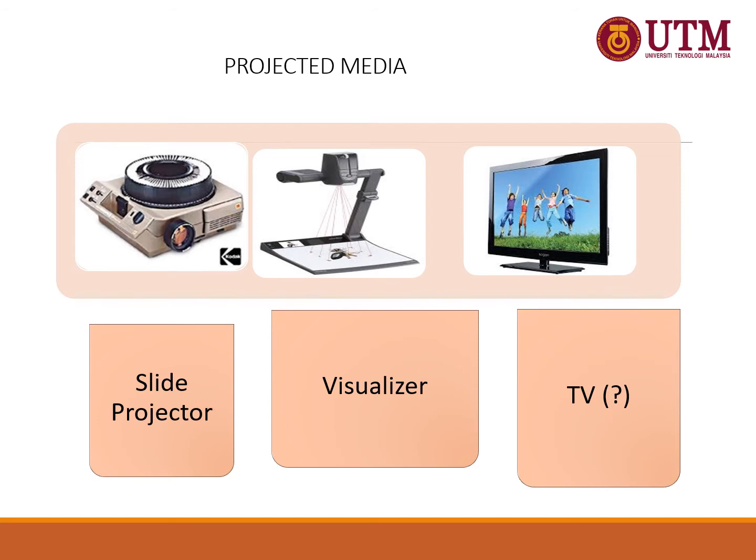And then we have the visualizer, which is to make visualization for objects. And then finally we have a TV, and who knows what is actually coming next under the category of projected media.